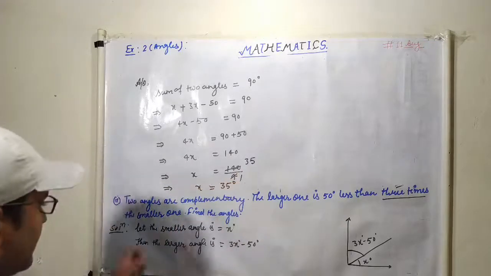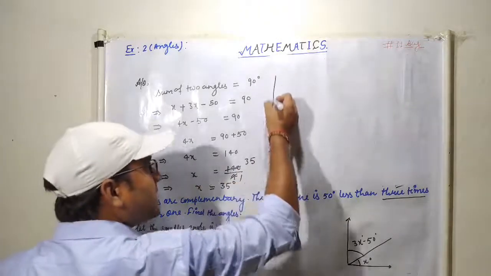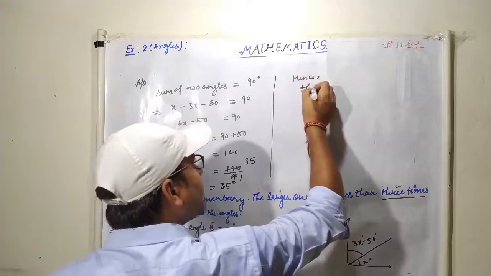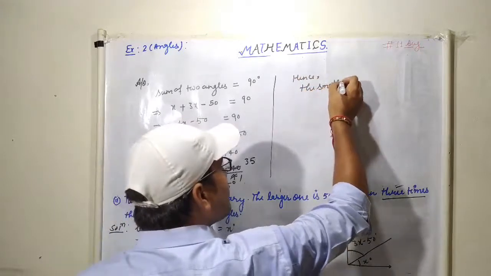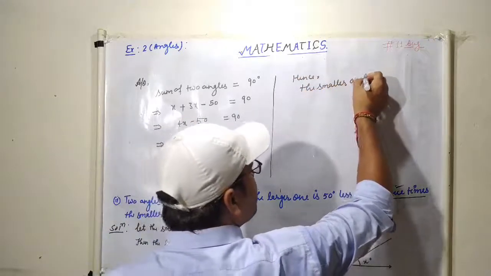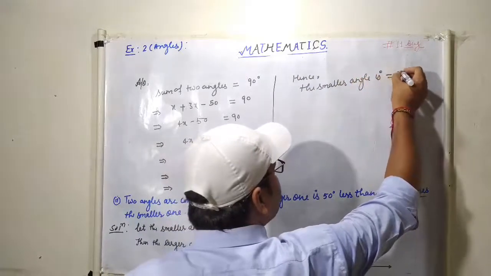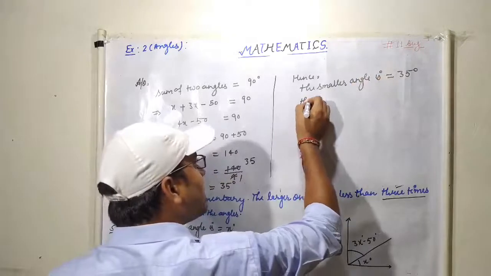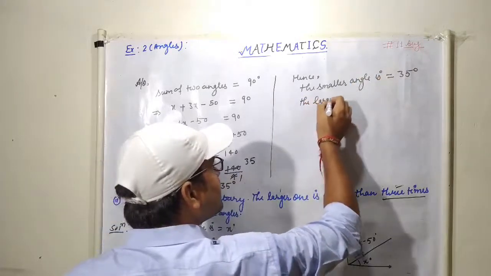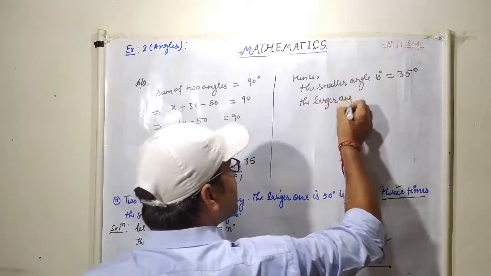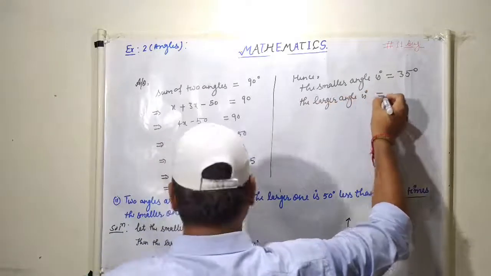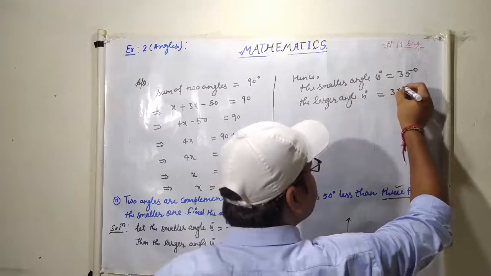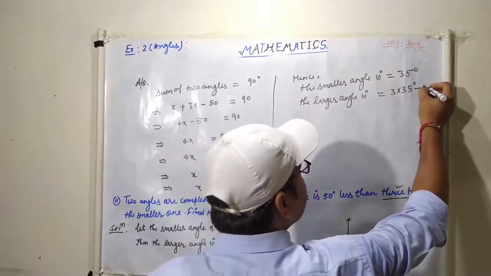X is 35 degree. First means the smaller angle you will get, hence the smaller angle is 35 degree. So the larger angle is 3x minus 50 degree, 3 times this 35, 50 degree less.